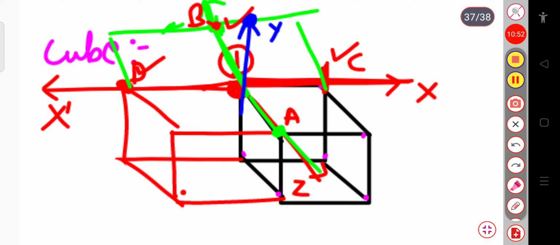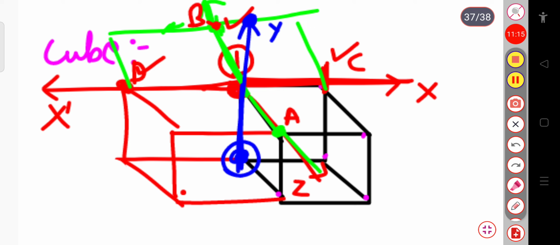And similarly, along this y prime axis, the atom present at this point is also the nearest neighbor. So I can say that along x and x prime axes there are 2 atoms, along y and y prime axes there are 2 atoms, and along z and z prime axes there are also 2 atoms. So these are equidistant.